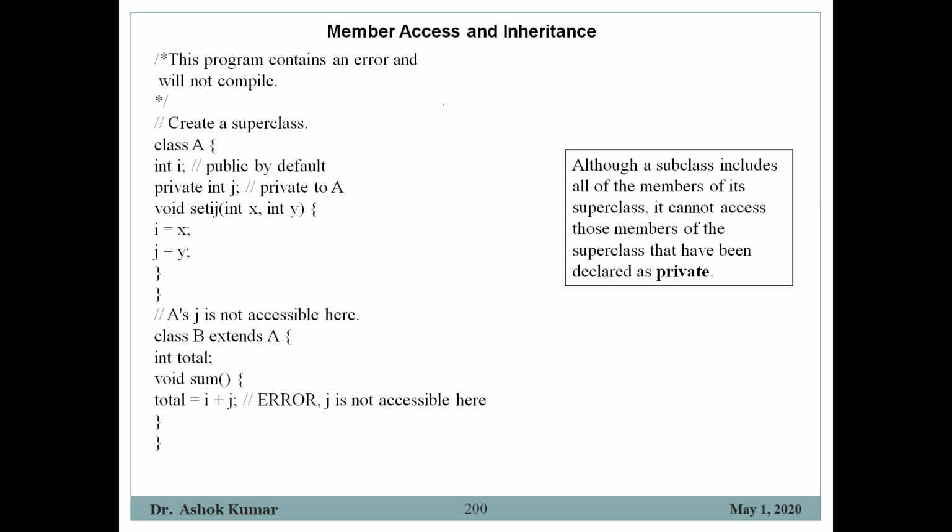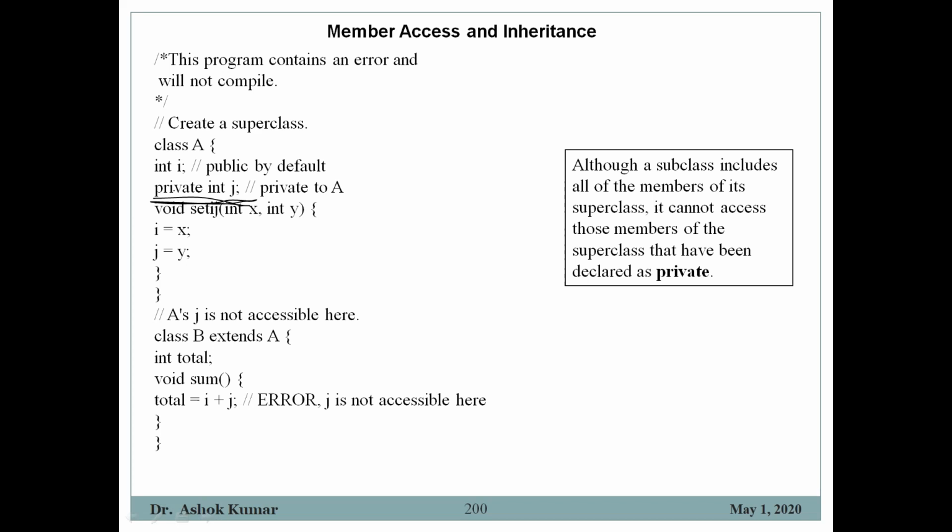So this is another example. Here we have made a simple change. From default access, we have changed the access of j to private. So now it's private instead of default. The i instance variable has the default access, that is public within the package, as we discussed already.